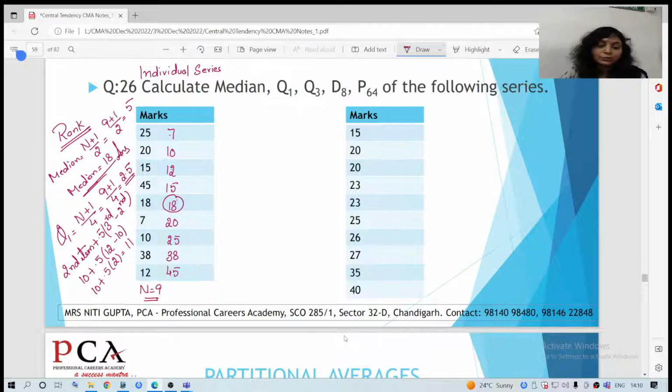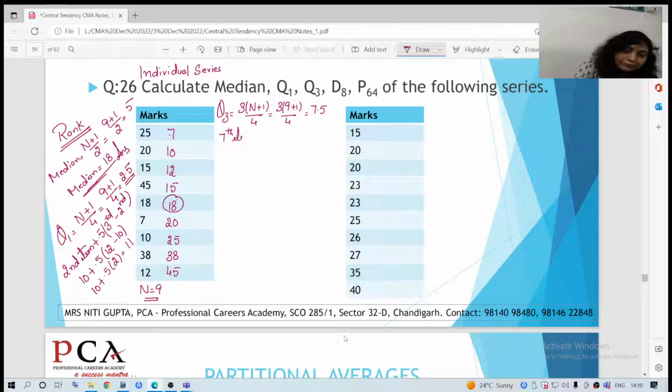This is my Q1. If I want to find Q3, the rank is 3 into n plus 1 by 4. So this is 3 into 9 plus 1 by 4, which is equal to 7.5. How can we find Q3? The 7th item plus 0.5 of the 8th minus the 7th item.